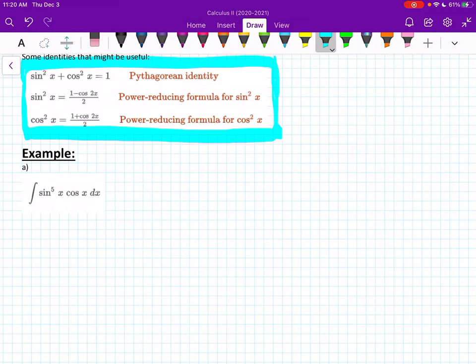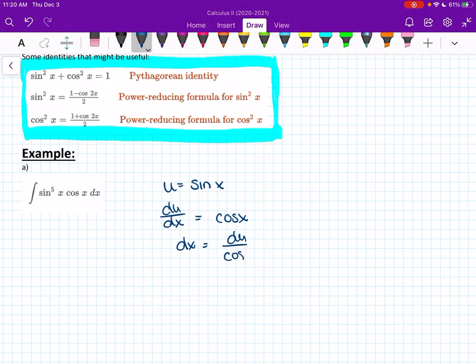So this one actually is just a simple u substitution. If I let u equal sine of x, then du dx is going to be cosine of x. So then I get my good old friend dx is du divided by cosine of x.